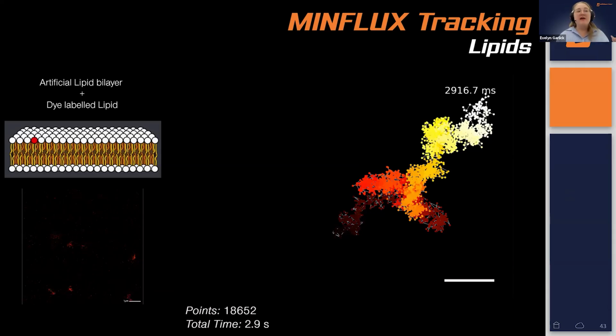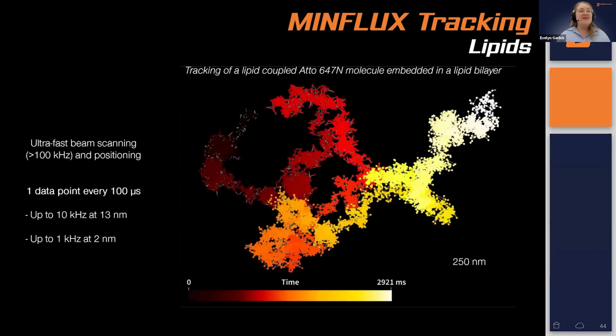So we're using the fluorophore's photon budget with the highest efficiency possible in order to gather a lot of information at a high precision. So because of those EODs, we're able to achieve a single data point every 100 microseconds, which is significantly faster than a camera-based tracking technique.